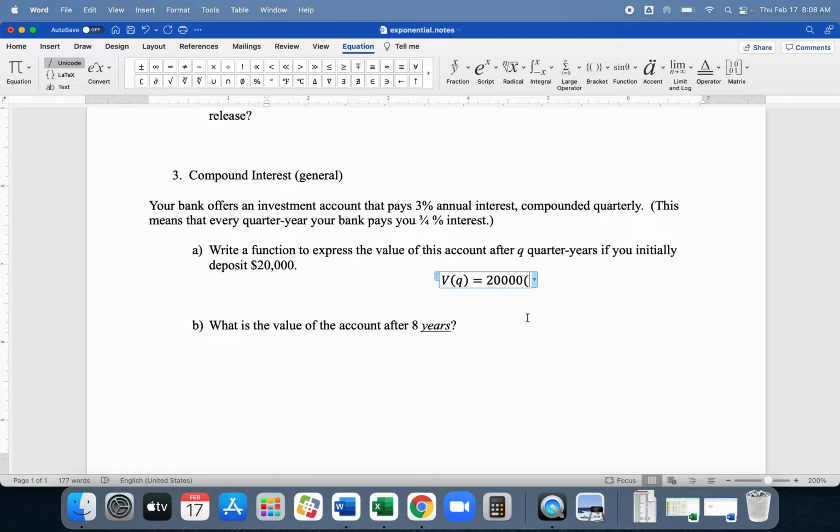So if I want 0.75%, it's going to be 1 point something, but I need the decimal form of 0.75%, slightly less than 1%. Isn't it like 0.75? This would be a 75% increase. So like this is 4%. Okay, so not quite, but almost.